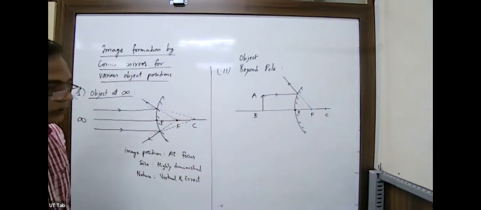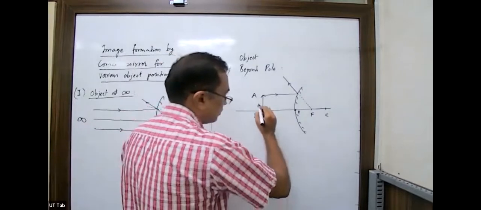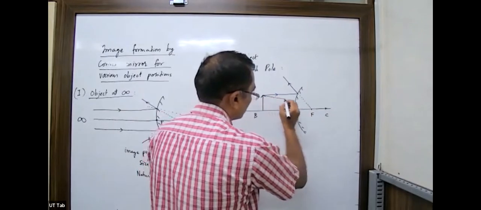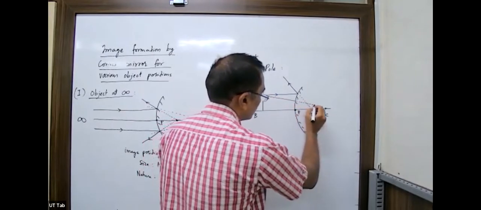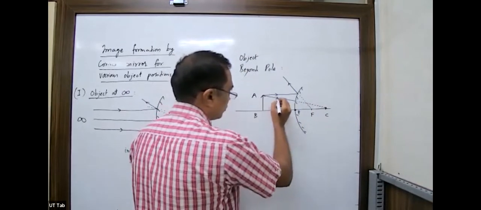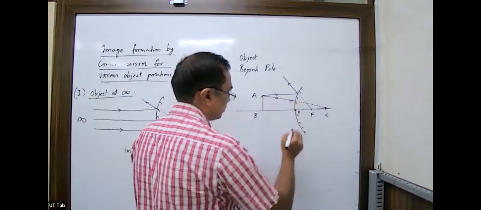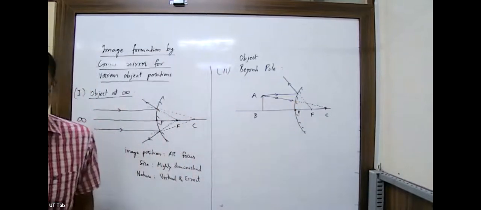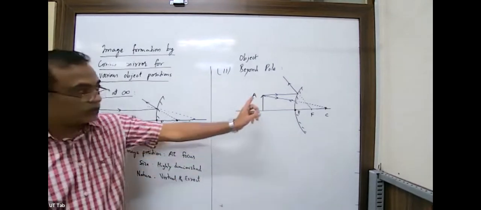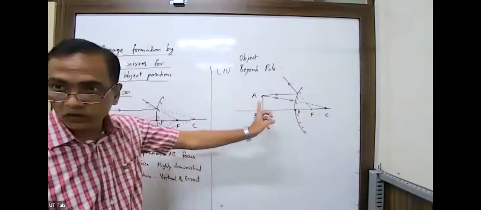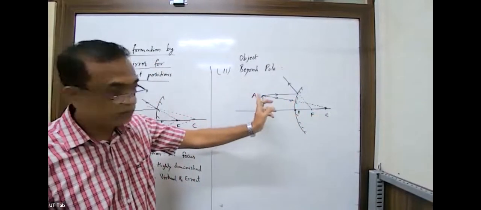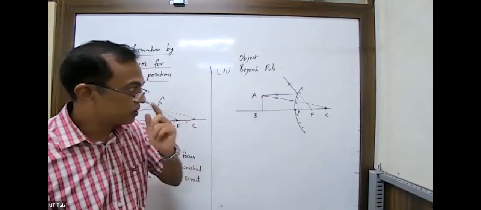The second ray you can take along C. If it is along the normal, the incident ray will return from here. Second ray we saw, we took it along the normal. So it will travel here and reflect from this mirror away from C.